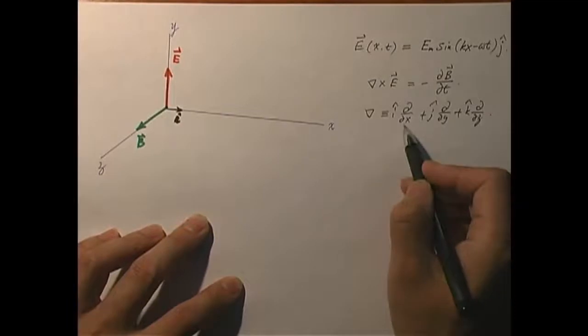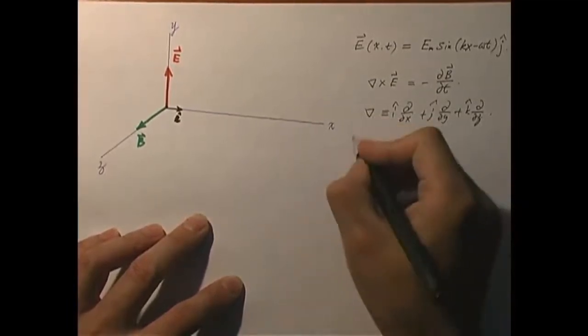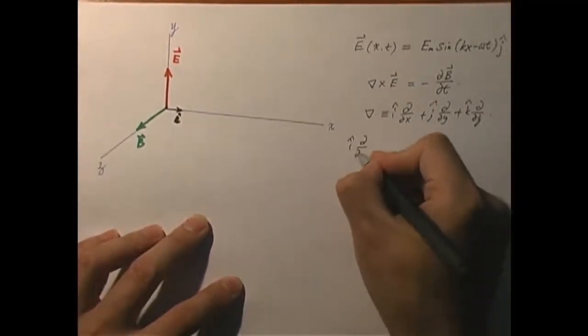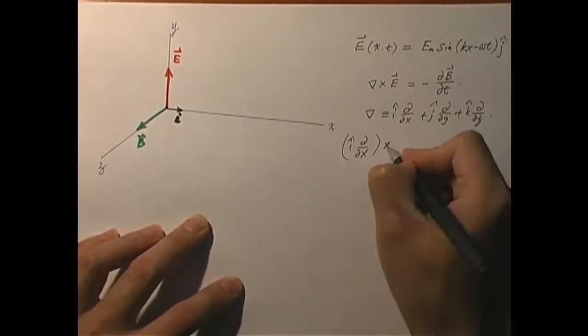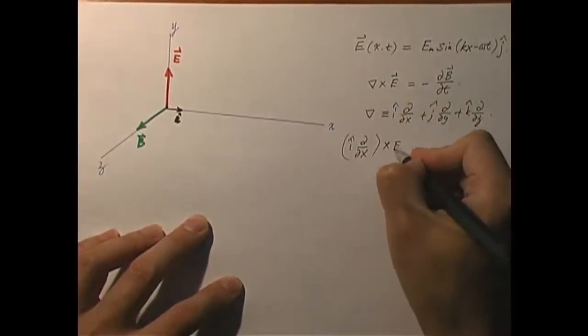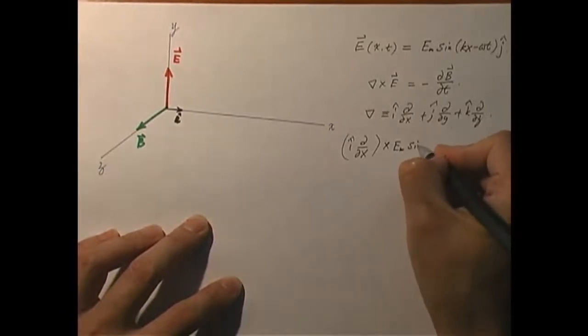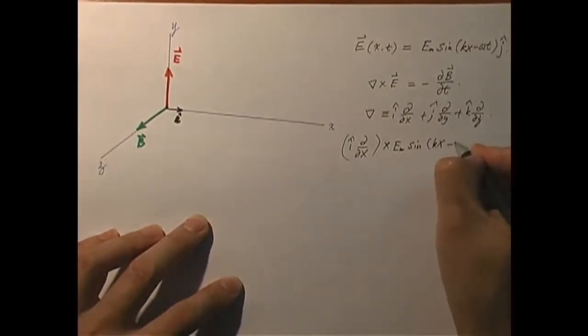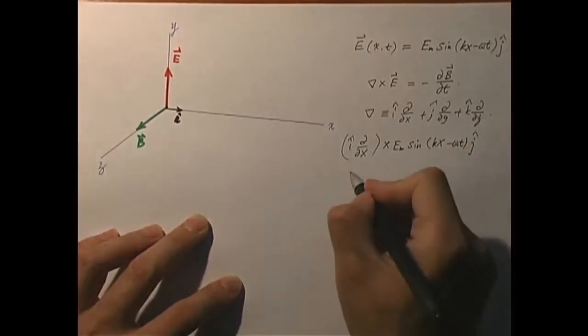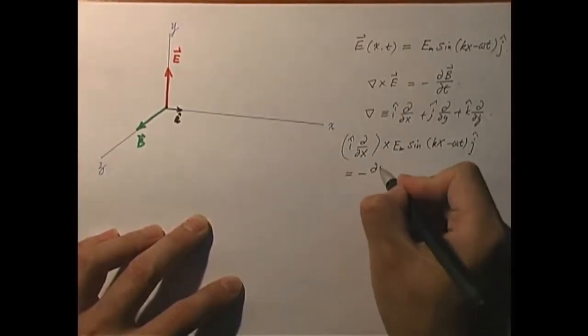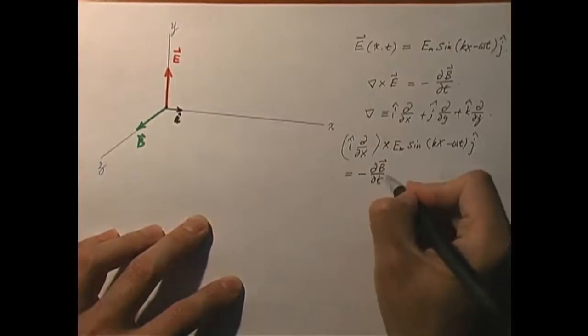I only have this term, i partial x. So I have i partial x cross E. E is right here: E maximum sine kx minus omega t j. That is the left hand side, and the right hand side equals negative partial B partial t.